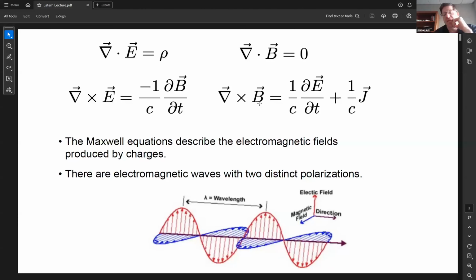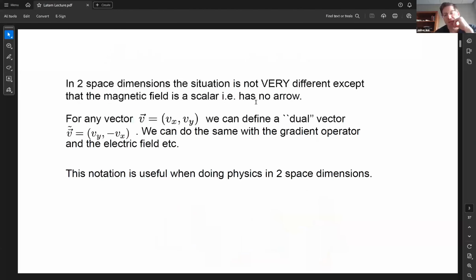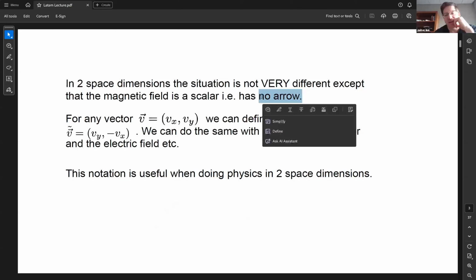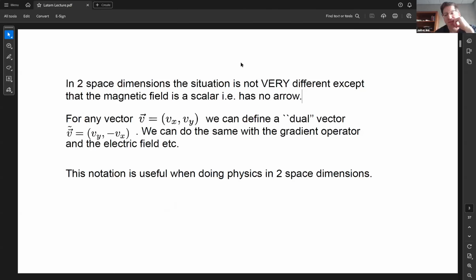The electric field comes from the components which are mixed space and time, and the magnetic field comes from the pure space-space components. But in 2+1 dimensions, there is only one space-space component. So the magnetic field is essentially a scalar. More precisely, you can think of it as a pseudoscalar. So it's just an object with no arrow, unlike in 3+1 dimensions.